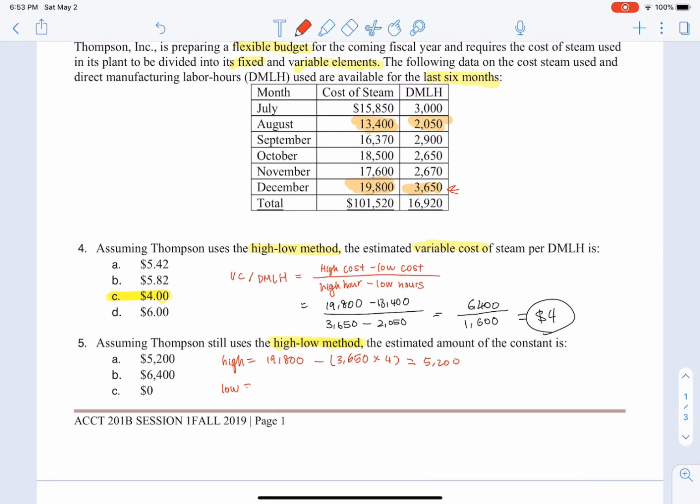And let's work on the low too. So the lowest is 13,400, and we subtract the 2,050 and times with the 4, which we found in number 4, and we also end with 5,200. So the answer is A.